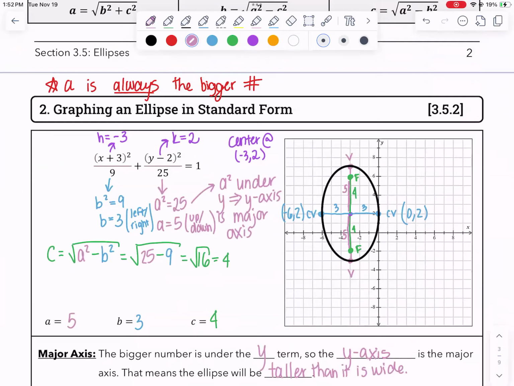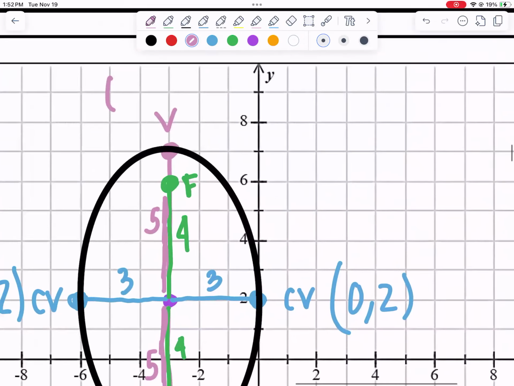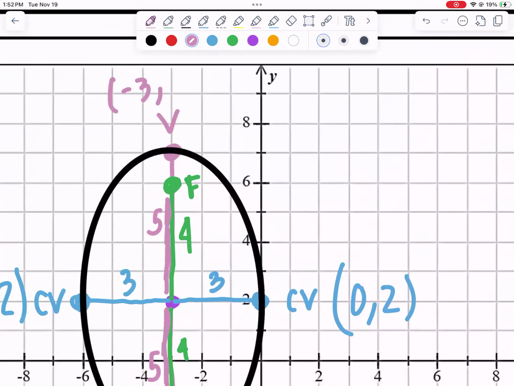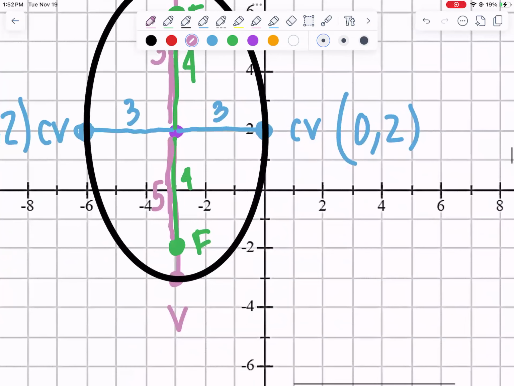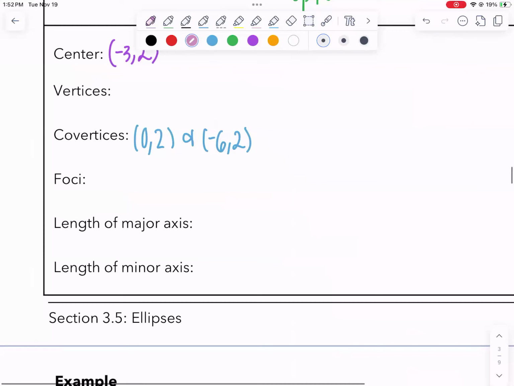For the vertices, this point up here is the point, where are we? (-3, 7). And (-3, -3).